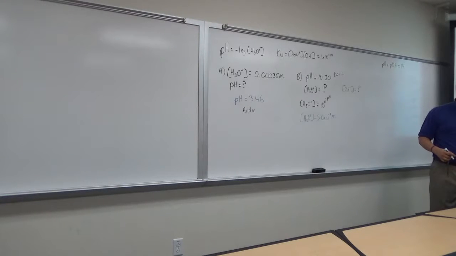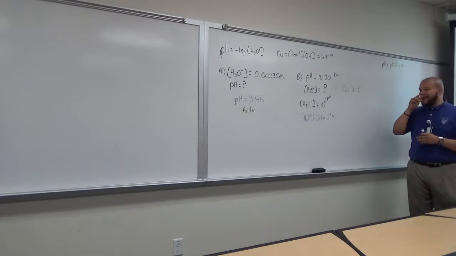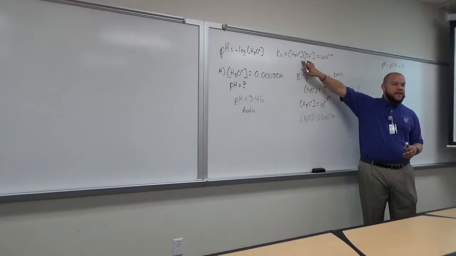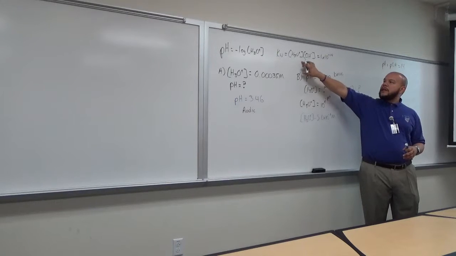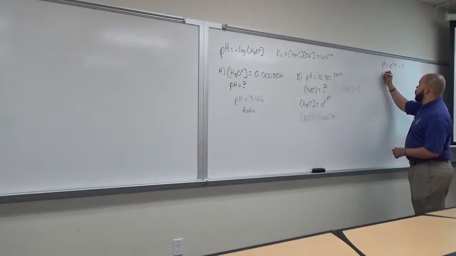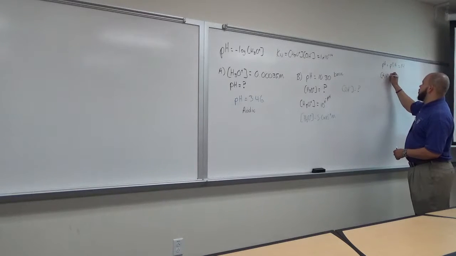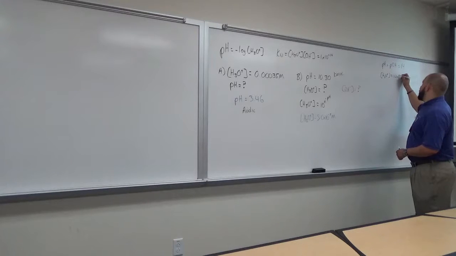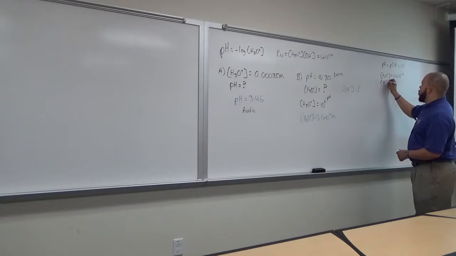Okay? The reason for that, again, those of you all that are math savvy should recognize that if at pH 7 you have neutrality and you have equal amounts of this, then your concentration at 25 degrees Celsius of each of these has to be what? 1 times 10 to the negative 7 for both.